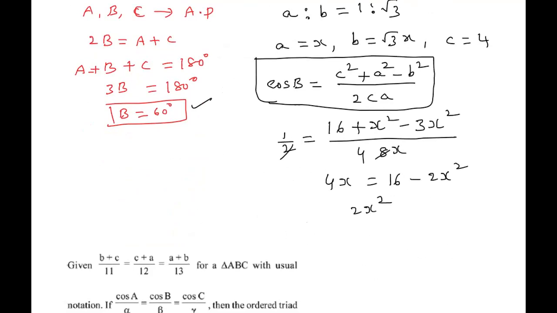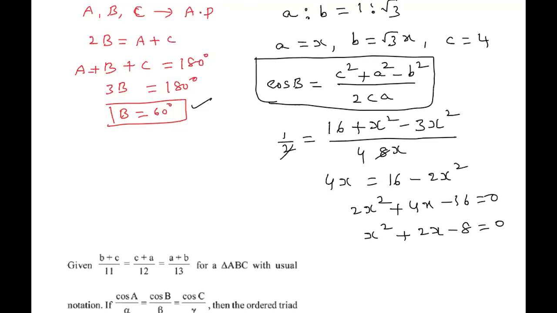2x square plus 4x minus 16 is equal to 0. Take 2 common. x square plus 2x minus 8 is equal to 0. So here observe that, split into factors.